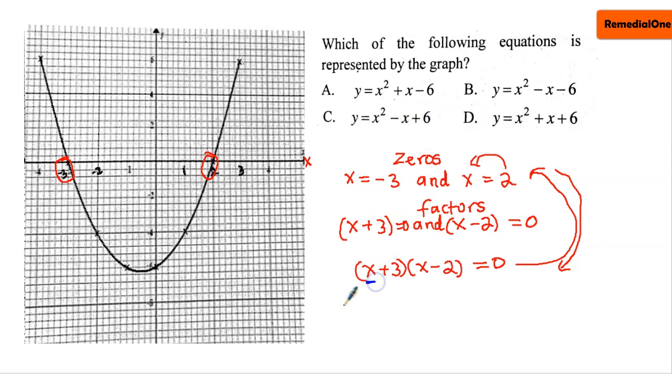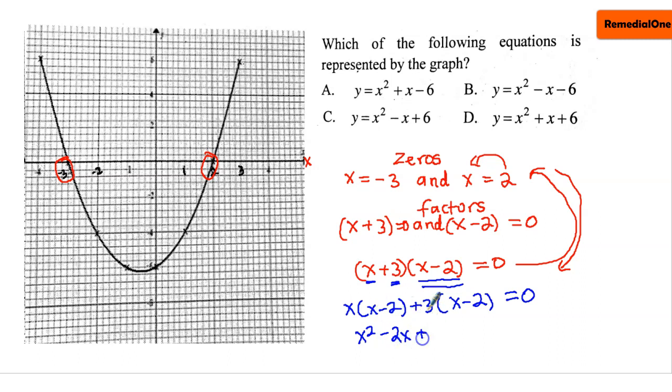That means this one is going to multiply this, and this one here is also going to multiply the same thing here. That will be x squared. x times x is x squared. x times -2 is going to be -2x.